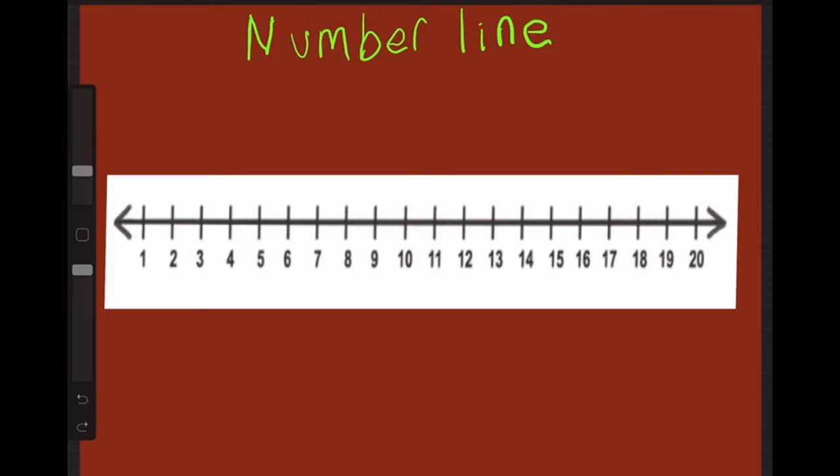When you use a number line, you can go forward. So you could go like this, 1, 2, 3, or you can go backwards, 1, 2, 3. If you're going forward, then that means that you're adding, right? Put a plus sign that way.